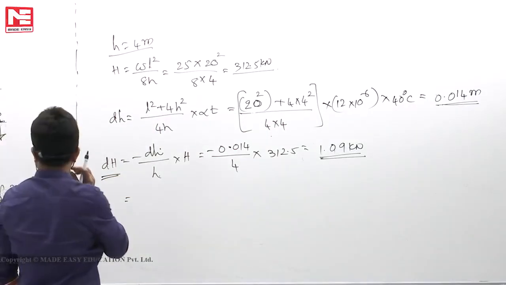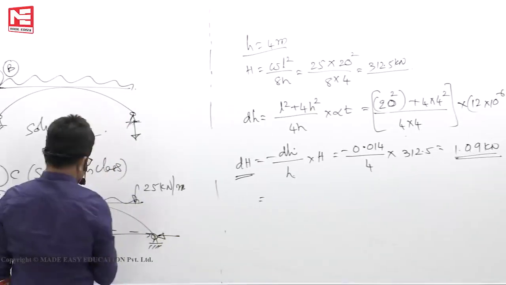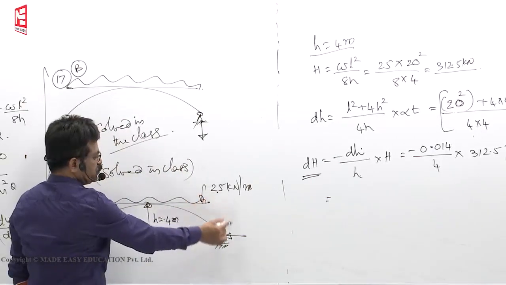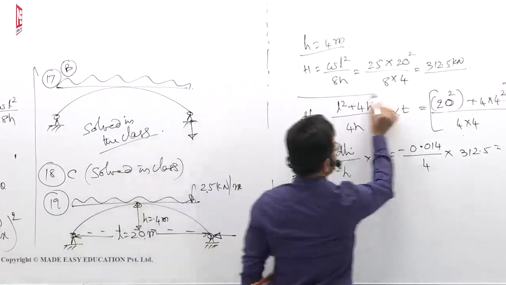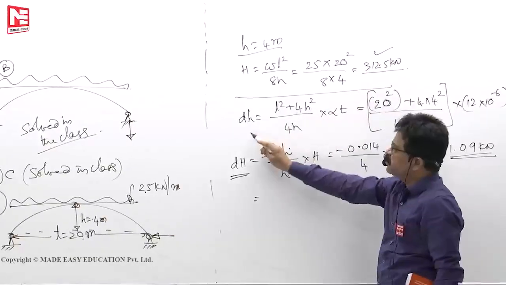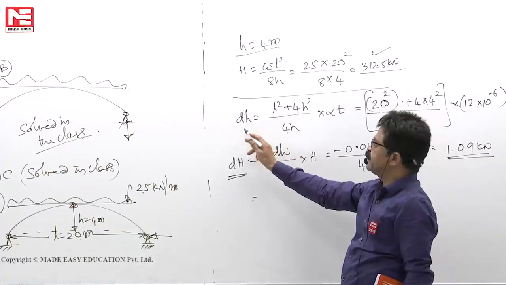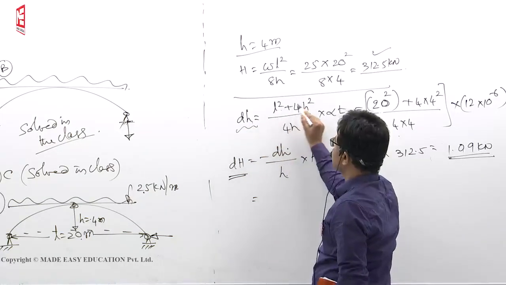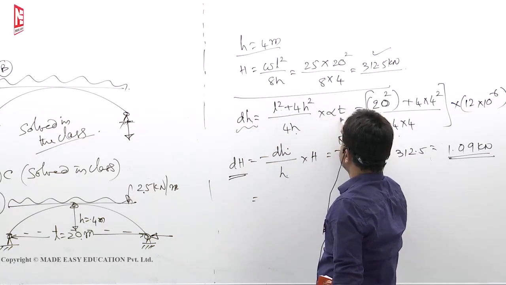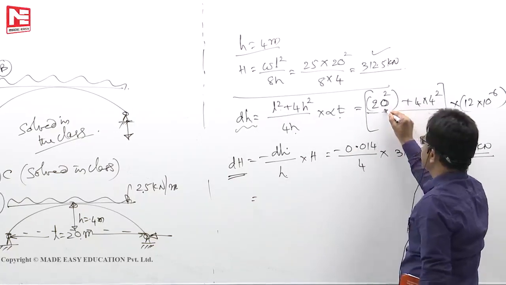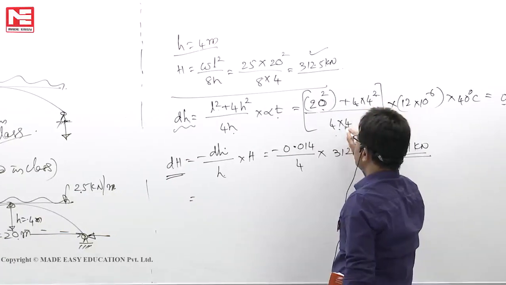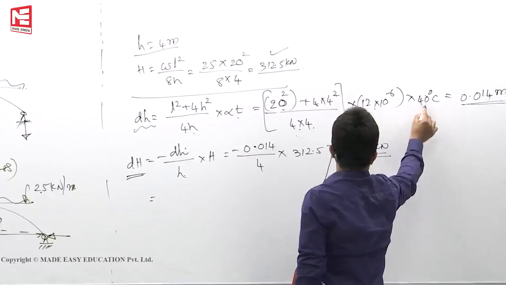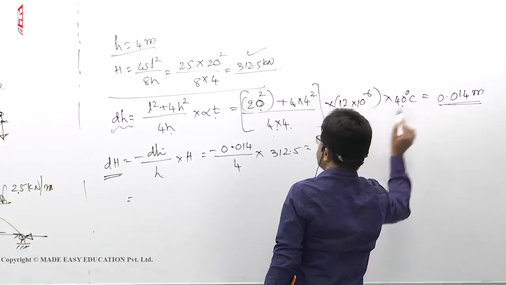Now see, he has given the span, rise, load. Because of that, horizontal thrust is so much. Now, because of the temperature increase, the crown of the arch rises by dH amount, L square plus 4h square by 4h alpha into T. L square 20 square, 4h square by 4h alpha into T. You get 0.014 meters.